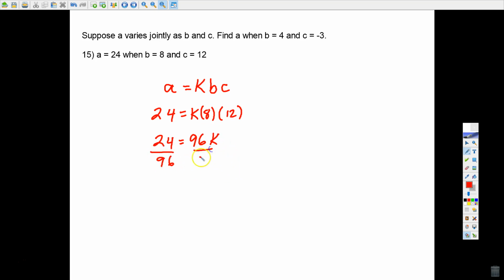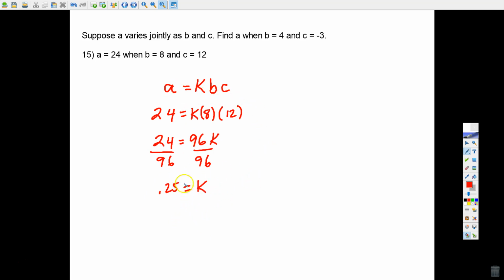Dividing by 96 on both sides, we end up with k, and I think I'm just going to put this in decimal form. 24 divided by 96. Grabbing my calculator here, 24 divided by 96 is 0.25. Or you could have said k is 1/4.